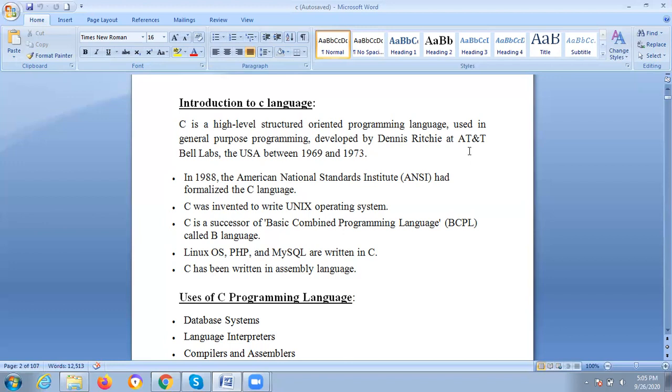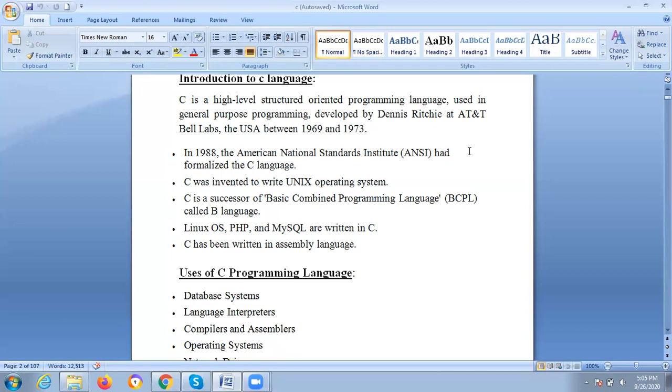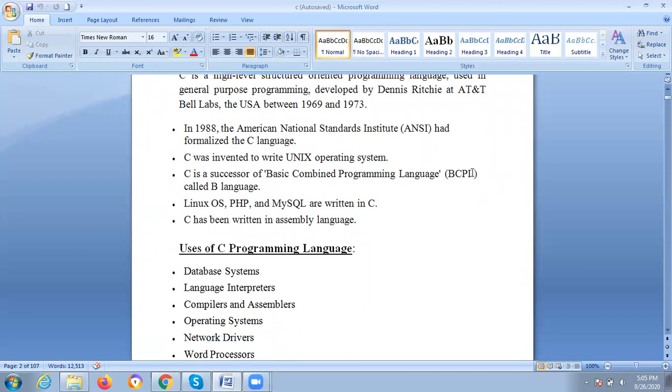Compiler means it will execute all 30 lines at a time and give the output. Assembler checks the proper code and converts it into machine-level language that is easily understood by the user. And operating systems, I already told you, Unix operating system, Linux operating system, Windows. These types of operating systems support C language. And network drivers.